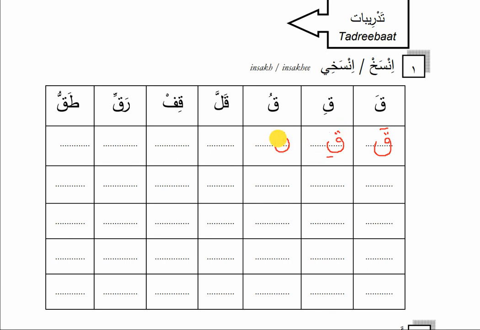Qaf with Dhamma. Now, when it is initial, the front portion is used just like Fa. It's actually the same with two dots, and Lam Fatha. Qaf with Fa, Qaf, Qi, Fa with Sukoon, Qif.